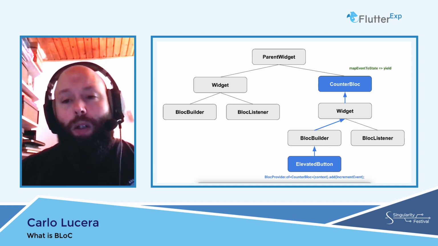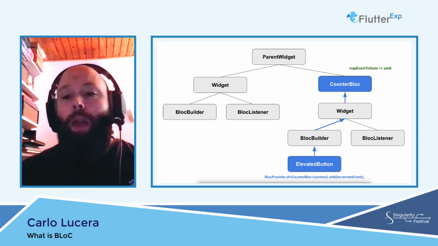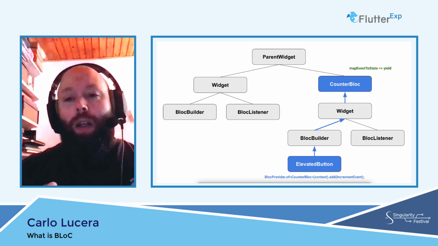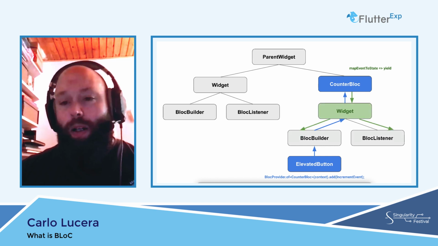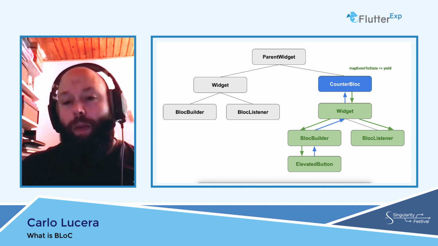Our block will yield the new state, because if you remember the sample that I wrote before, when we have an increment event listened to by the block, we yield the state plus one. This means that any child of our counter block will be updated with the new value.